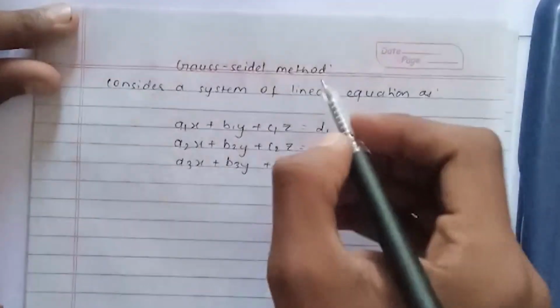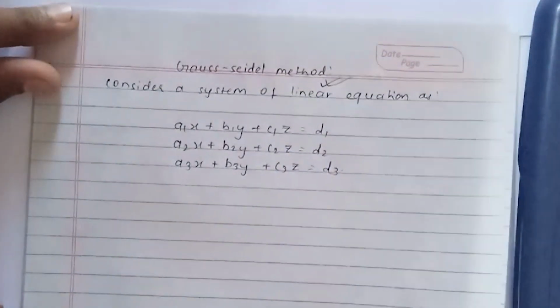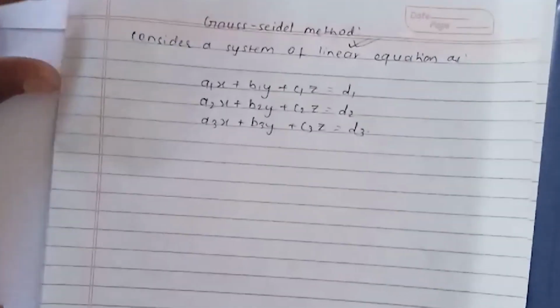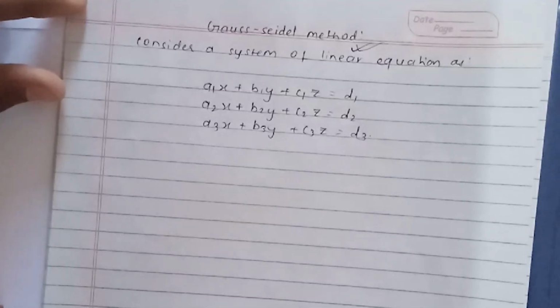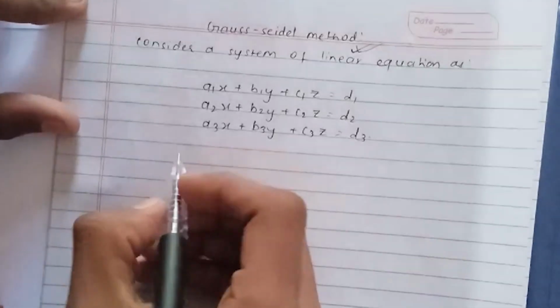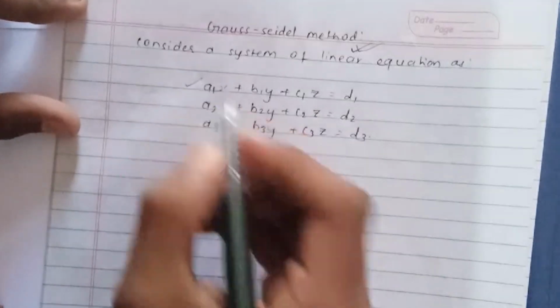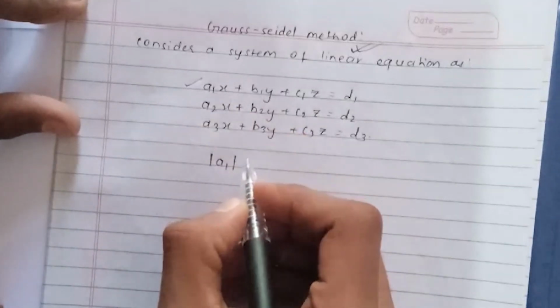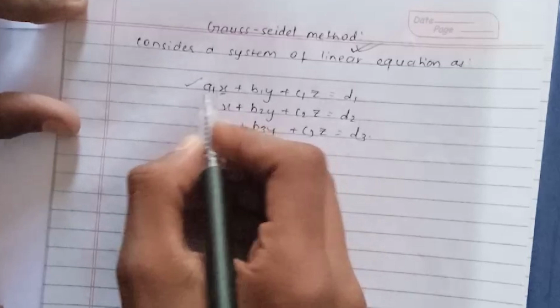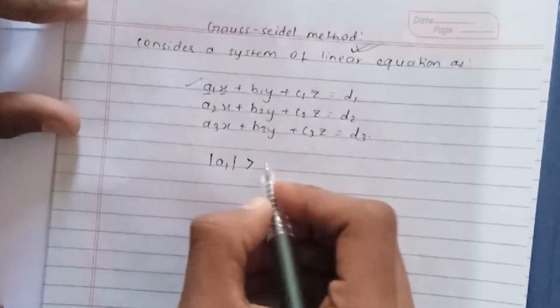Now, for this Gauss Seidel method, we first have to check whether the given system of linear equations is diagonally dominant or not. It means for the first one, the modulus of the coefficient of x, that is a1, must be greater than the sum of the others.